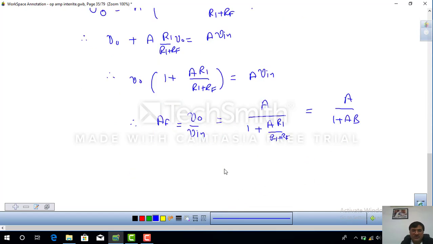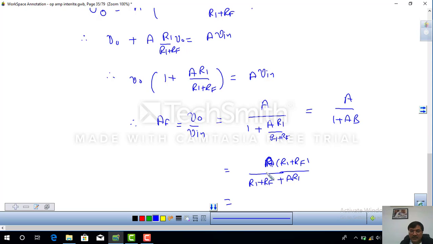Now again I modify this formula. I write directly taking the LCM here. So it is A upon R1 plus RF plus AR1, and the numerator I take up, so this is R1 plus RF. Now we know A is very large, so if we multiply with R1, it still becomes a very large value. So compared to this, I can neglect this value.